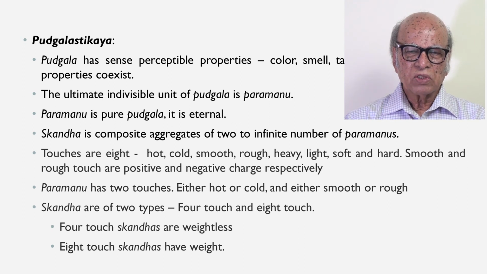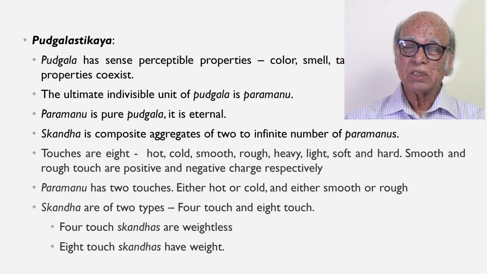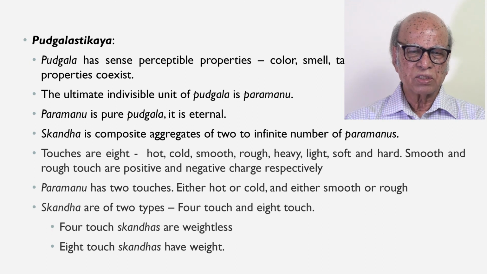So Parmanu is the ultimate indivisible unit of Pudgal, and in fact Parmanu is the real Pudgal, that is eternal. Parmanu is eternal in its existence. It can neither be created nor destroyed. The Parmanu will always exist.